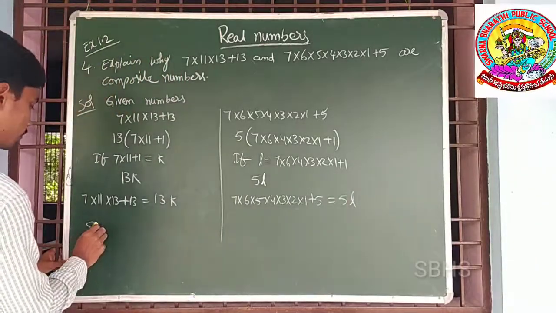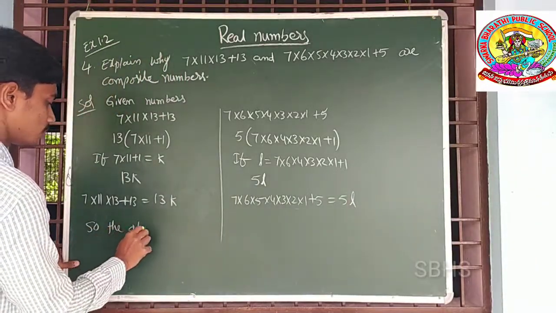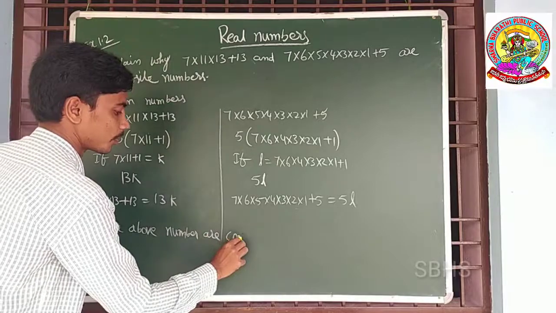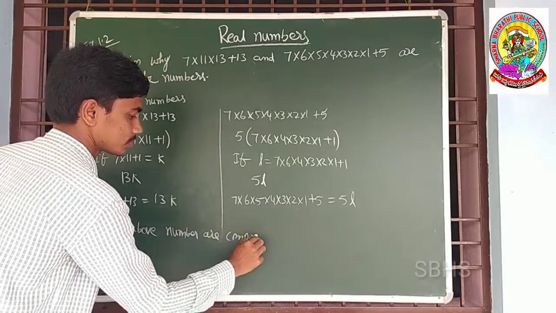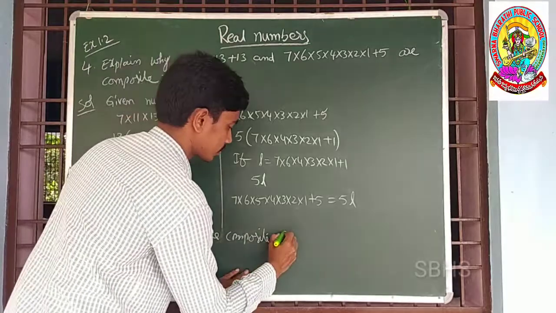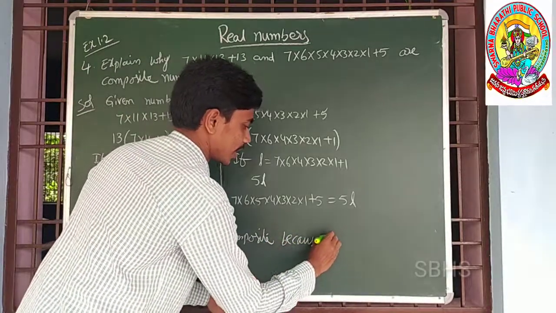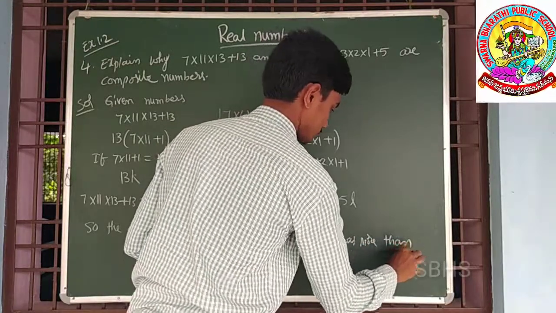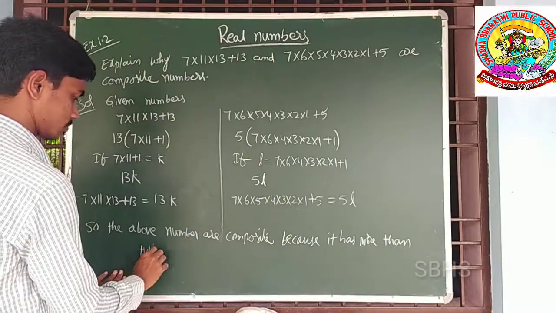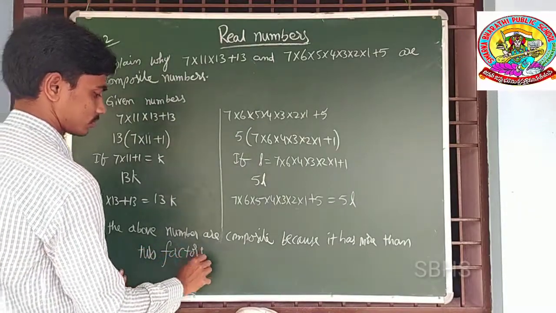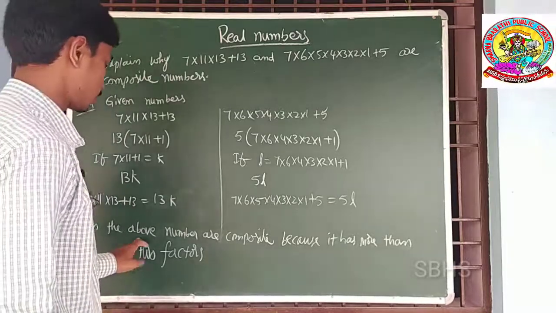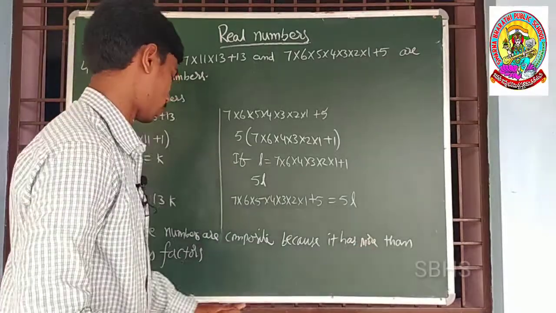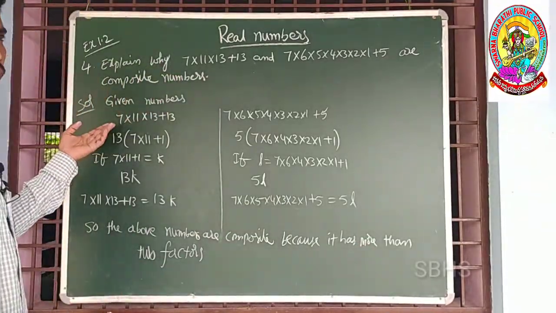So the above numbers are composite because they have more than two factors.